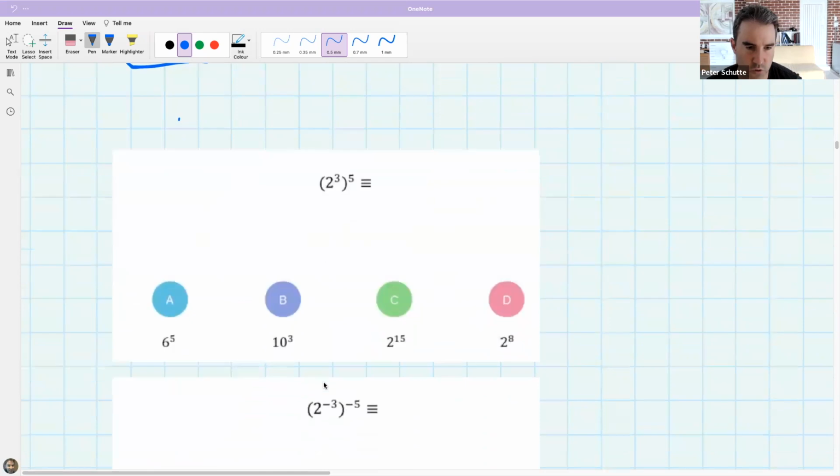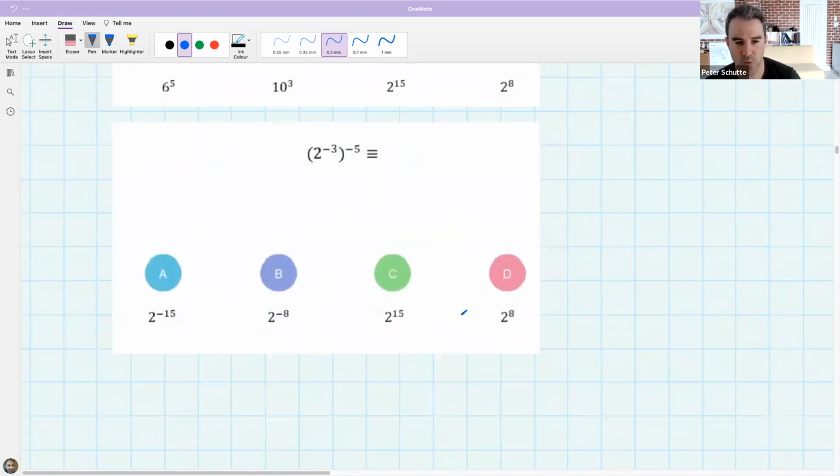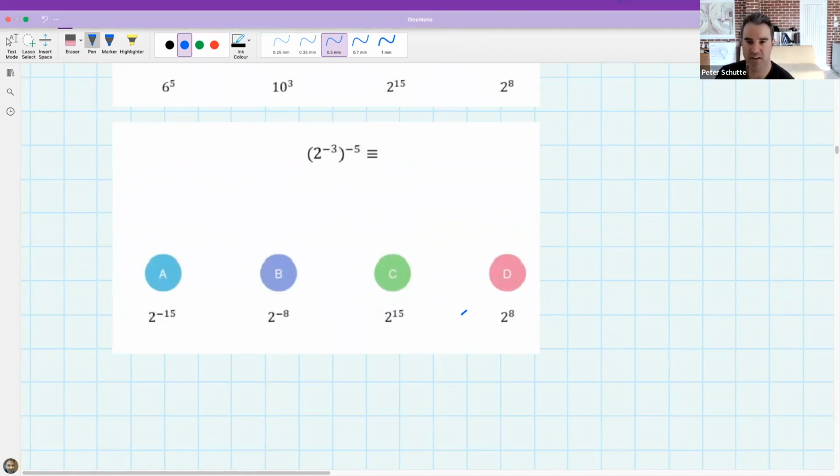Okay, let's do this one. I want to know what is the answer to 2 to the power of -3 to the power of -5. Give me an answer to that. Keep those answers coming.